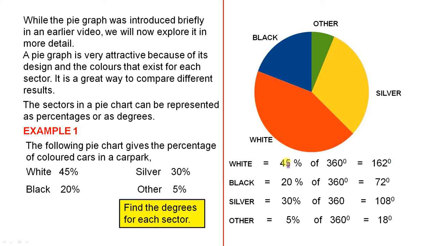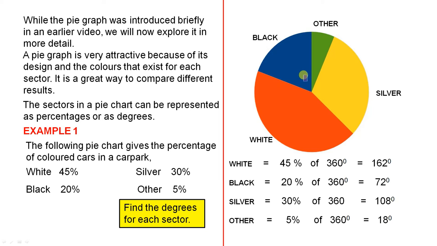that represents 45% of the circle. So if we work out 45% of 360, that gives us 162 degrees. So that angle in there is 162 degrees. Black, we've been told, represents 20% of the circle. So 20% of 360 is 72 degrees.